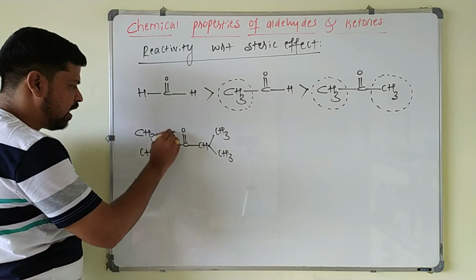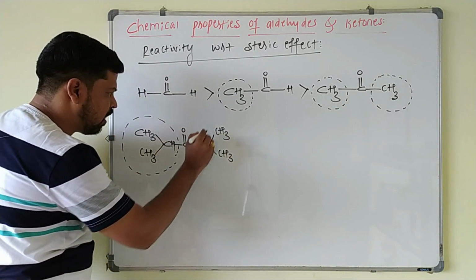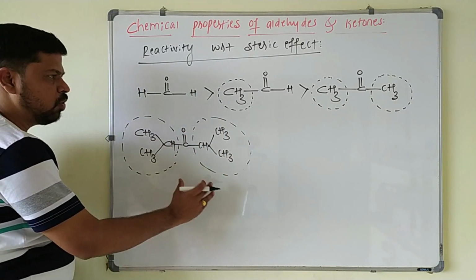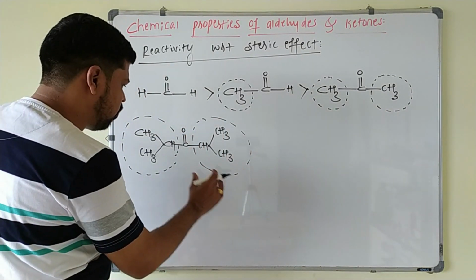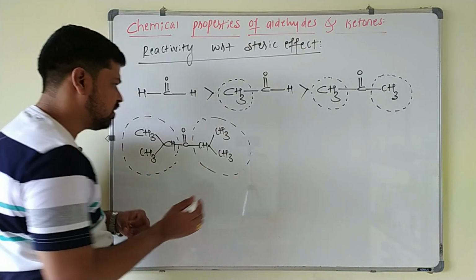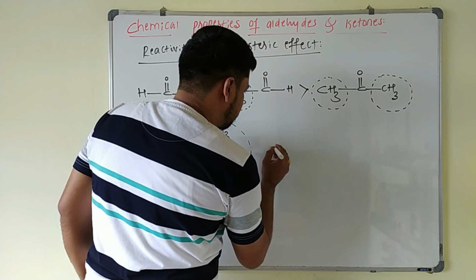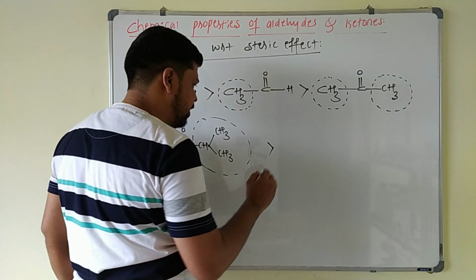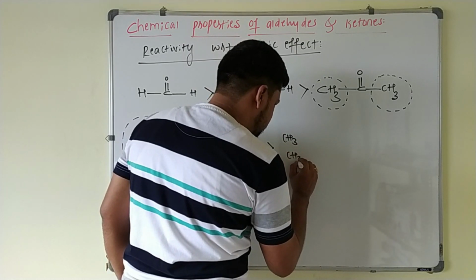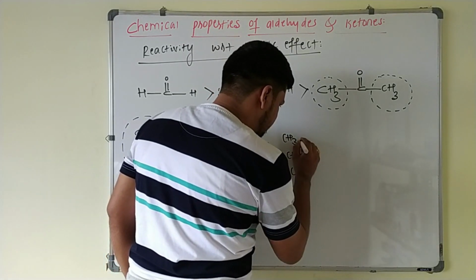What happens here? Again the size of the alkyl group that is attached to the carbonyl carbon increases. So again it makes it difficult for the nucleophile to attack the carbonyl carbon. So again reactivity decreases, and this is more reactive than CH3, CH3, CH3.